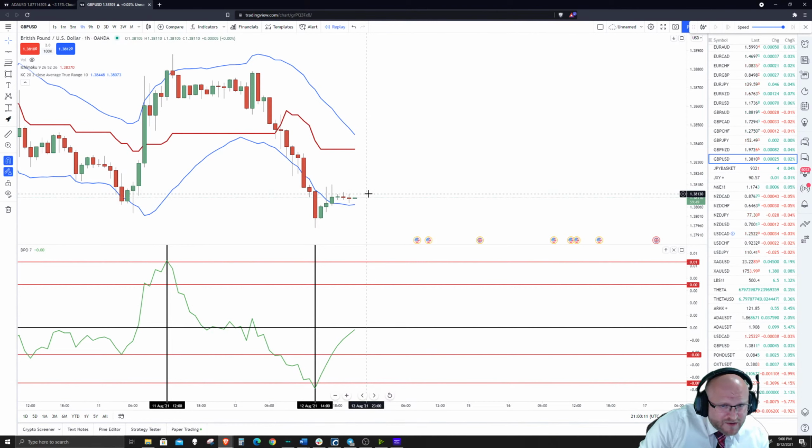My profit target here, I would watch it closely, because the Kijun-sen is a very strong level of support and resistance, and so I wouldn't want to hang on to it too long, because there's a high chance that price will go lower if it comes back up here.